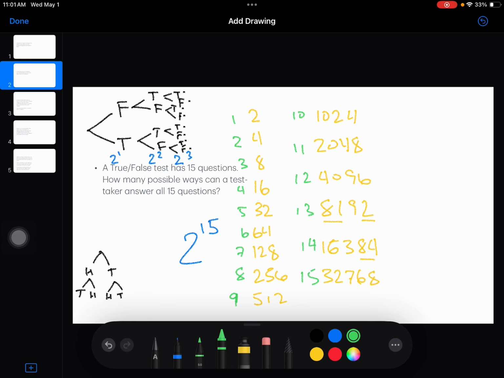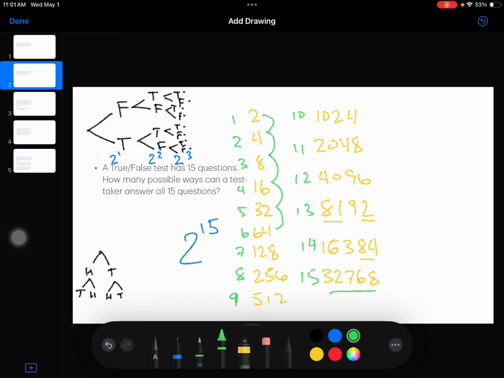Okay, so there are 32,768 possible distinct ways that a test taker could answer a 15-question test. And notice that this is growing exponentially. We're not just adding more possibilities, we're multiplying by 2 each time, and so it grows rather quickly.